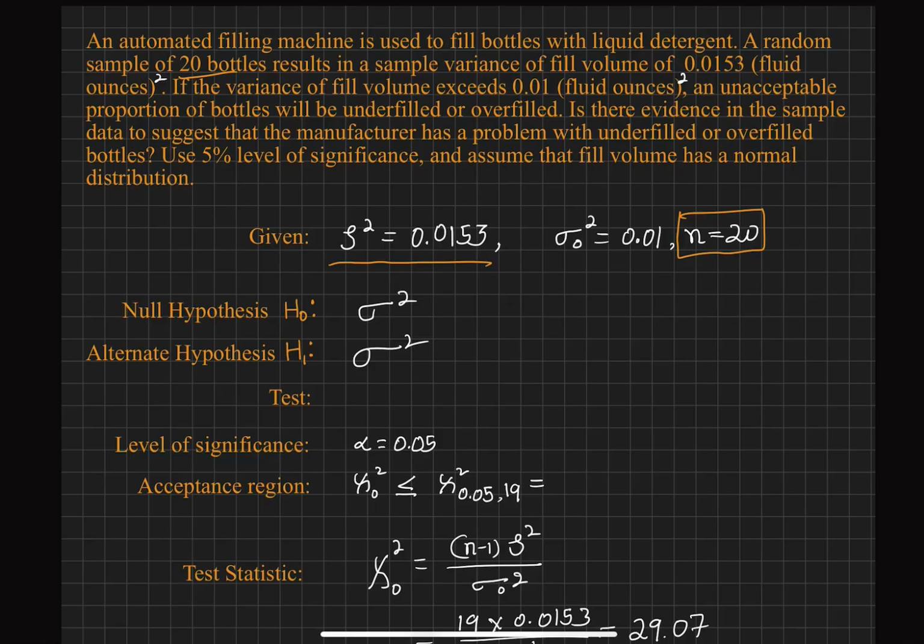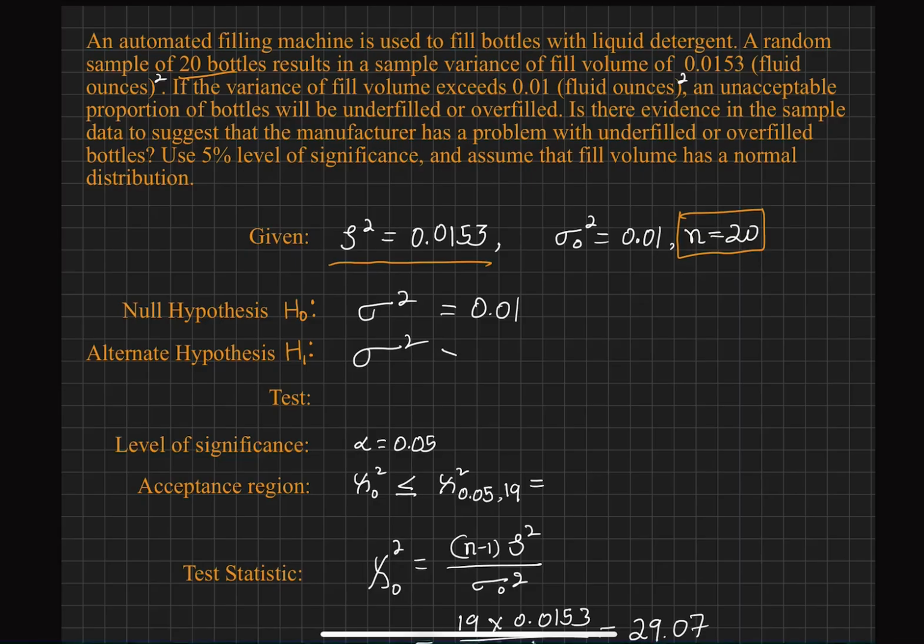So let us consider the hypothesis we are going to discuss. This one is the null hypothesis, that is the equality of the variance here. That will be sigma square is equal to 0.01. And the alternate hypothesis, here the problem is with the variance being more. If variance is less, we don't have a problem. Variance exceeds 0.01, then there is a problem.